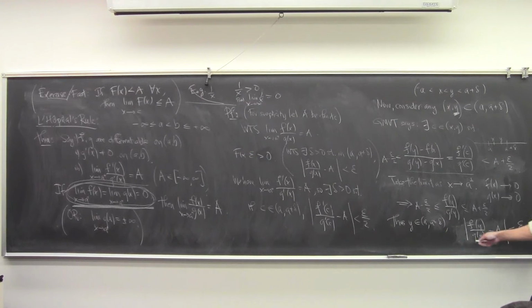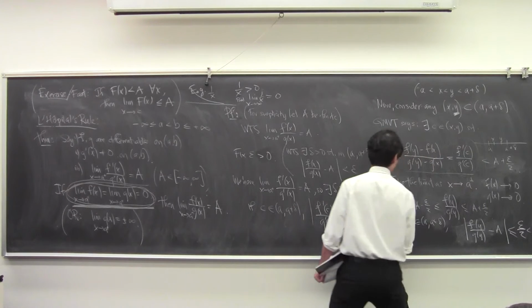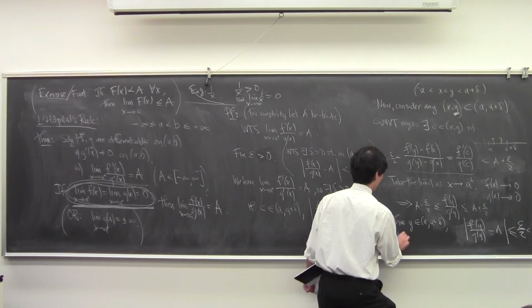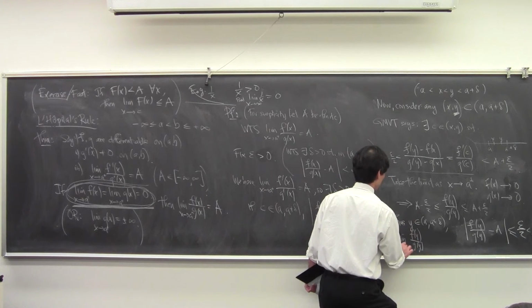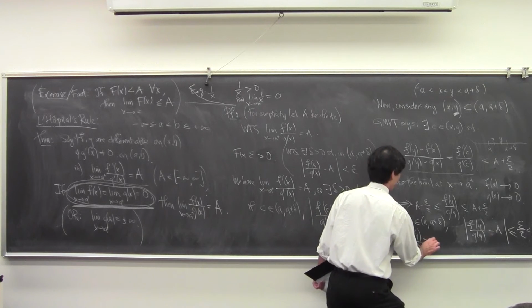And so the limit of f of y over g of y as x approaches a from the right-hand side is actually a.